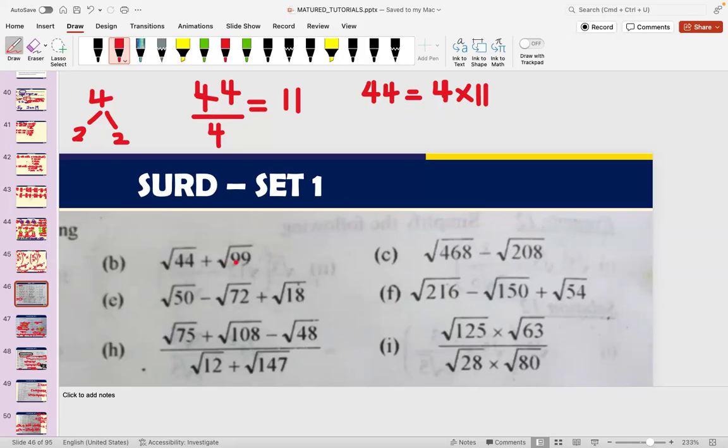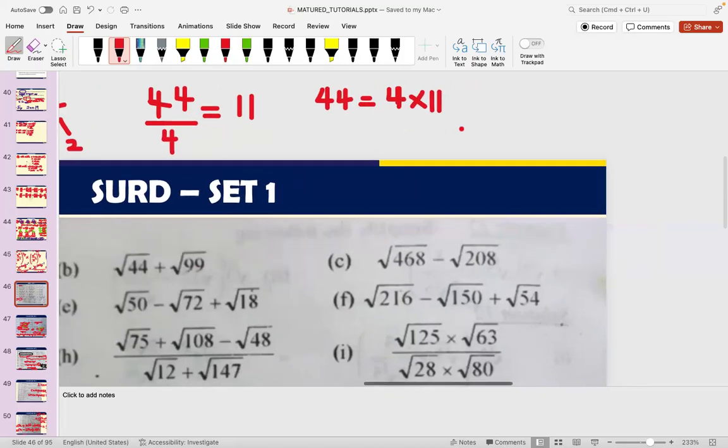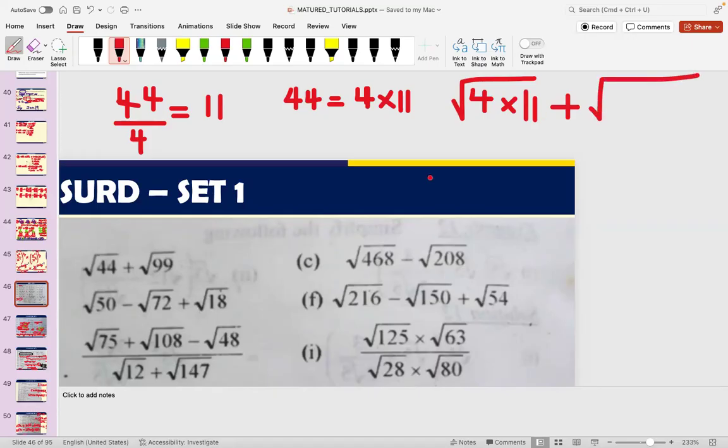What about the second one, 99? The one that is not a perfect square, you are just going to divide it and something will happen. So we write 44 as 4 times 11 plus, then the 99, we just do 99 divided by 11.